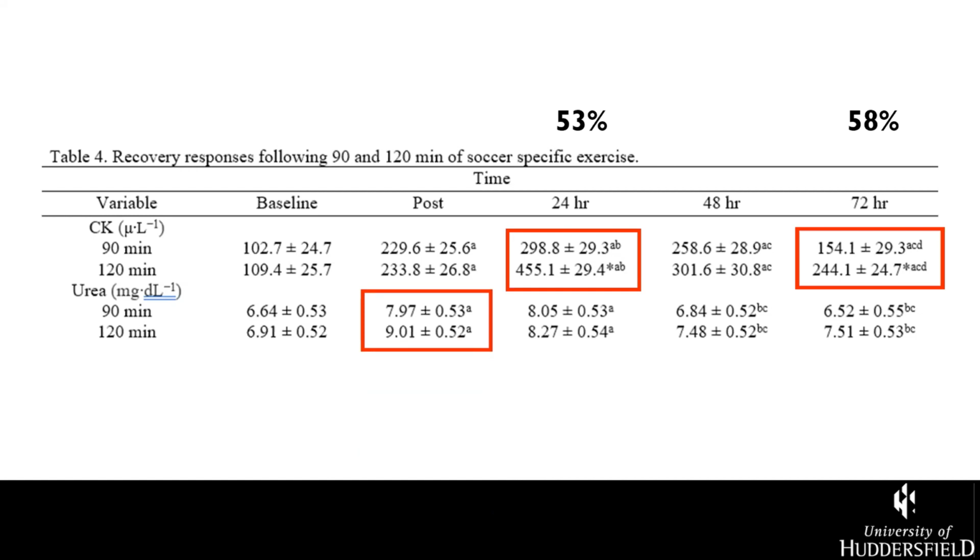And in terms of the urea then, which we use as an indirect marker of protein metabolism, protein breakdown, this was not significant, but there could perhaps be something there with this immediately post-exercise. And that was just a 10% difference there.